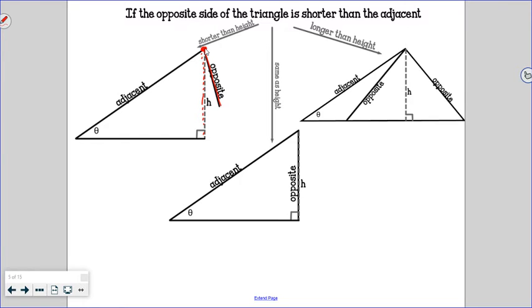If it's the same as our height, so our opposite side and our height are the exact same length, we get one and only one triangle, a right triangle. And we would find it like normal, like you did on Friday. But it's this case right here where our opposite side is longer than our height, that our opposite side could go that direction or this direction, and we actually end up with two possible triangles showing up. Okay, and so that's going to be unique from Friday, is that we would end up solving for two triangles instead of just the one that you were seeing before.